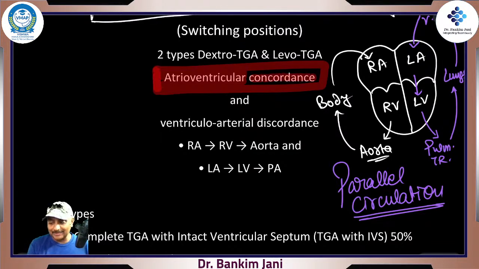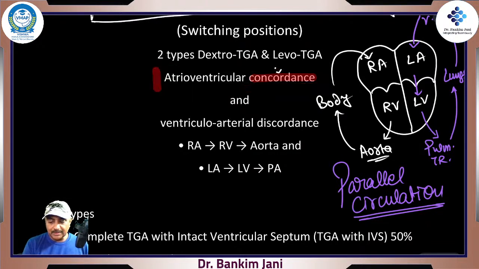We are coming to that. Very interesting thing. There is atrioventricular concordance. Concordance means they work together happily, right? So concordance is a happy thing. It means that they are working together nicely. All well.